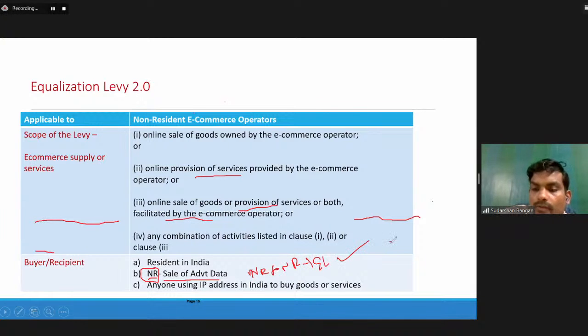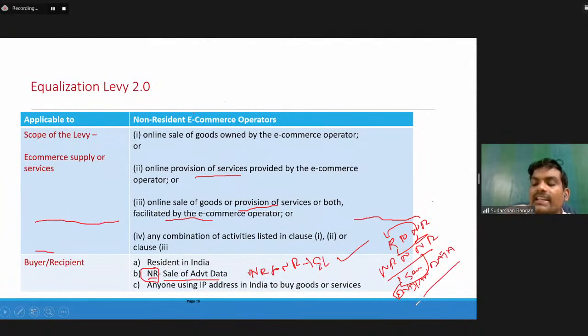We have always seen resident to non-resident transactions only, that is, a non-resident providing service to a resident. But here it is non-resident to non-resident, but if the service pertains to Indian personal data, data of a person resident in India, then equalization levy is applicable.